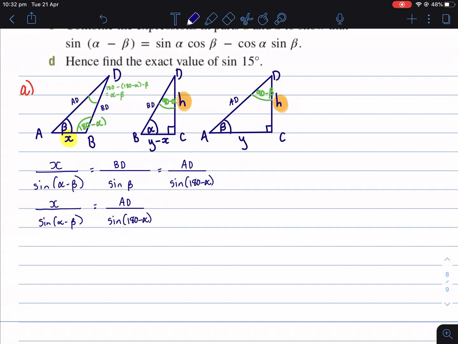And I also know that from this triangle on the right, sine beta equals h over the length AD. So AD equals h on sine beta. So I've got x on sine alpha take beta equals AD, which is h on sine beta, over sine 180 take alpha.